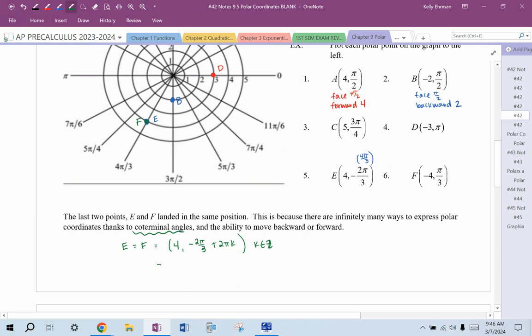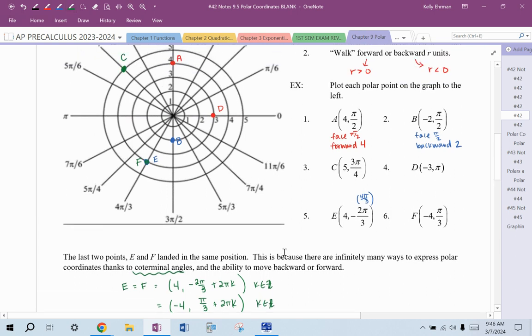But I could also say that if r is negative 4, then you're going to be on the pi over 3 line, and add 2 pi k to that, as long as k is an integer. Because you're saying, okay, start facing pi over 3 and walk backwards 4. So if you just keep adding 2 pi, face whatever angle is coterminal that lands you on pi over 3, and then walk backward 4.